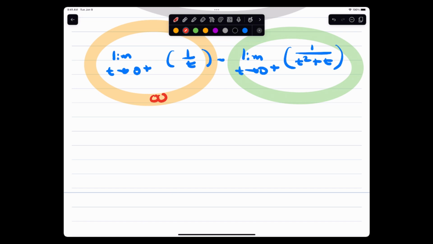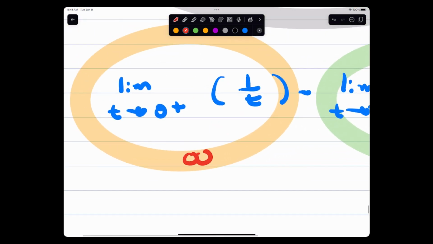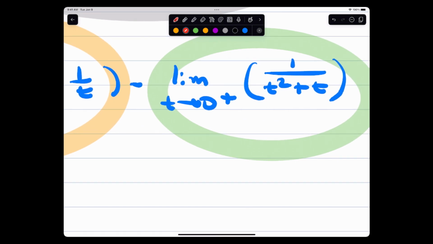Okay, what about this other limit in green now? So we found the limit here in orange. What's the limit in green? You say, oh, I'm going to do the same thing, okay? But this time it's 1 over parentheses 0.00001, square that, and it's really plus the same number, but plus 0.000.